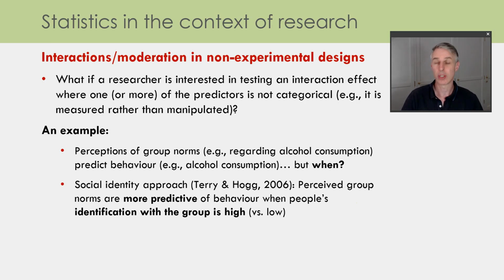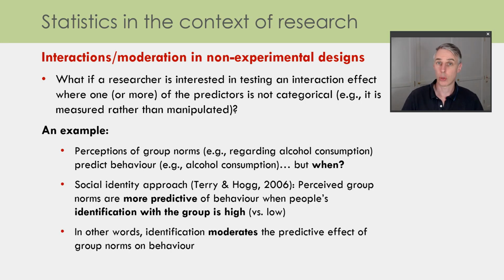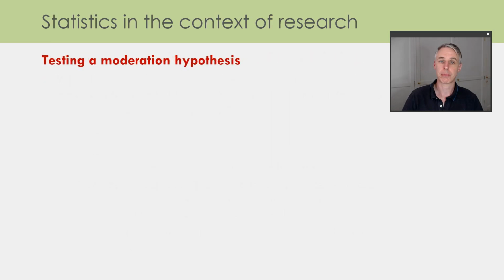Because if we don't see that group as particularly important to us, then maybe we just don't care as much about what other people in that group do or approve of. So in other words, what we're suggesting here is that the strength of people's identification with the group will moderate the predictive effect of norm perceptions on people's own intentions and behavior.